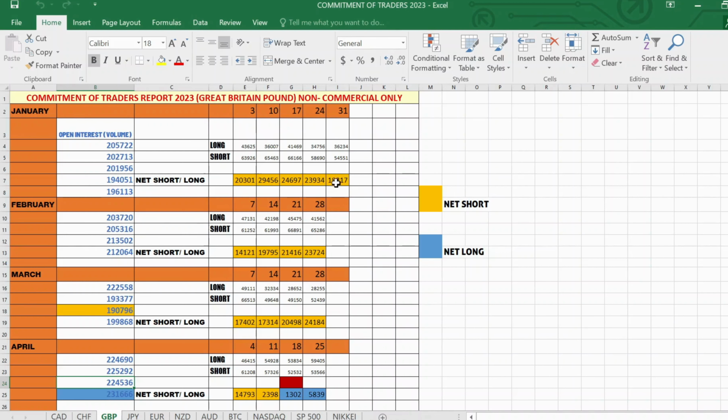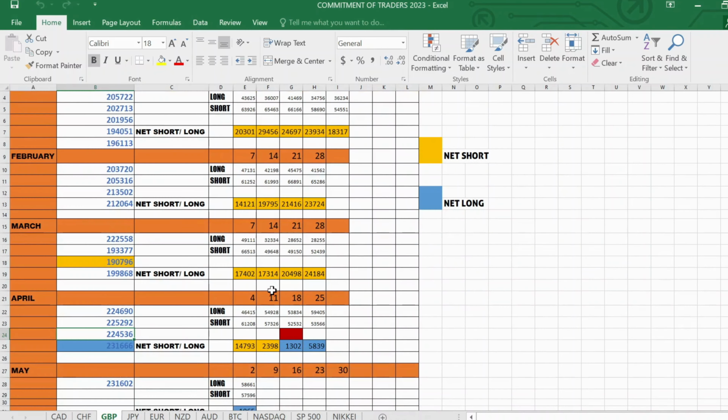It reduced in the second month, February, to 14,000. And on April again, you can see there was the lowest at 14,000 and then followed by 2,000. Now that is where the sentiment changed from short to long. It's highlighted by this red alert.